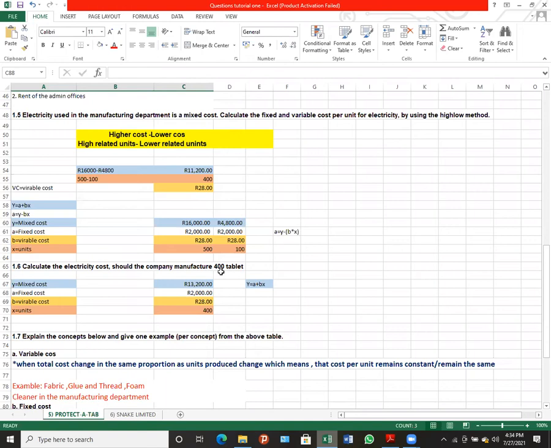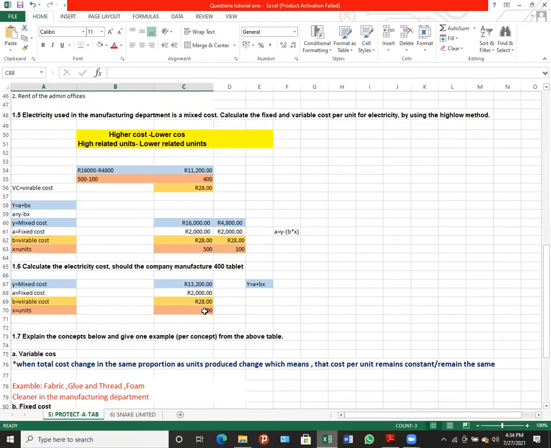You can apply the formula for Y, which is Y is equal to A plus BX. A is our fixed cost, which is 2,000, plus B, which is the variable cost per unit, which is 28, times 400.